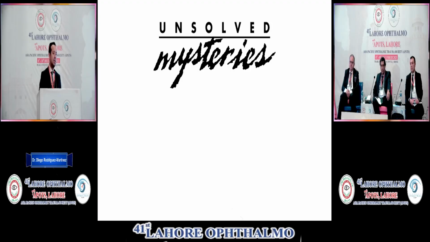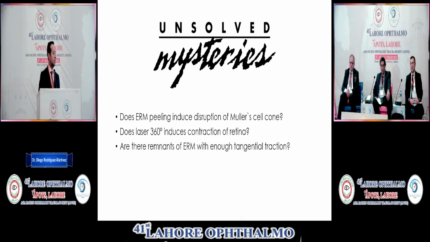So in this patient in particular, you see that this is not the usual course, and I ask myself so many questions. Maybe the epiretinal membrane peeling induced a disruption of the Mueller cell cone and weakened the foveal zone, which may have played a part in the development of the macular hole.